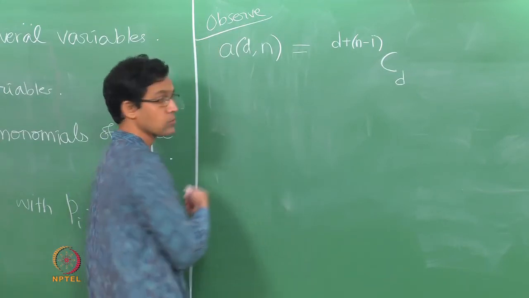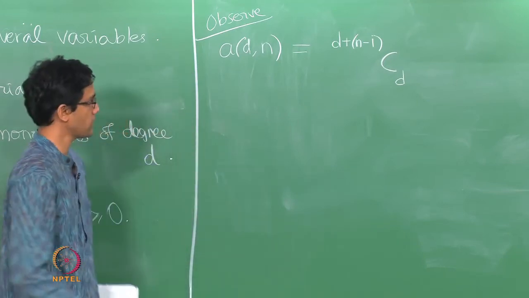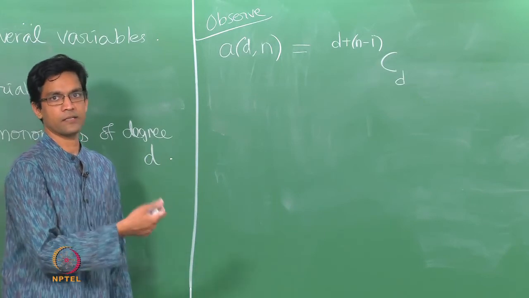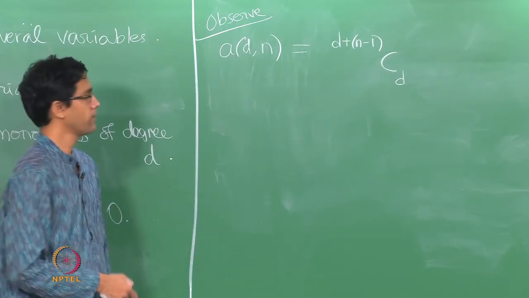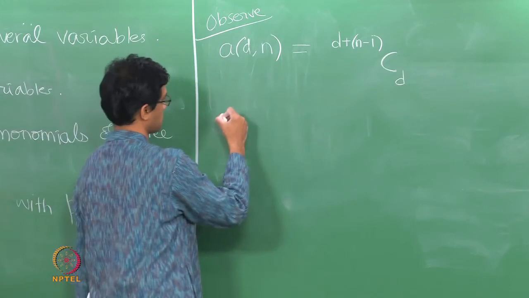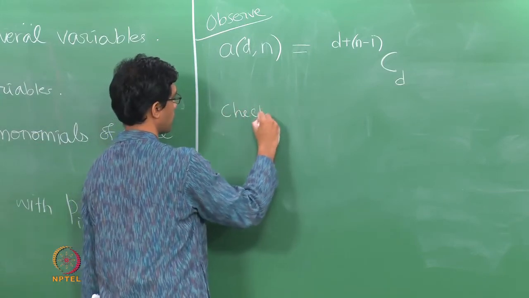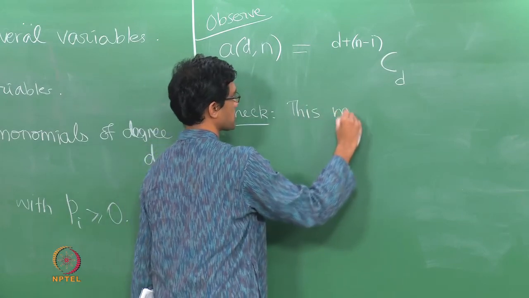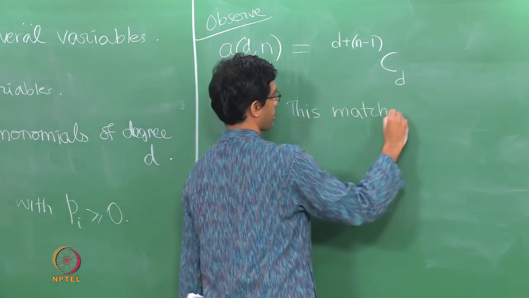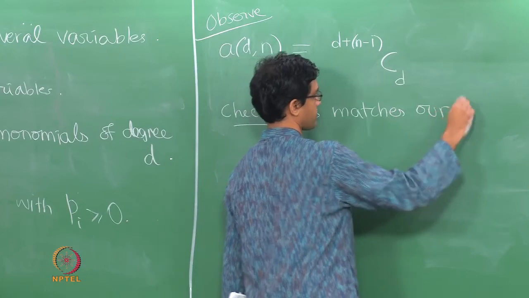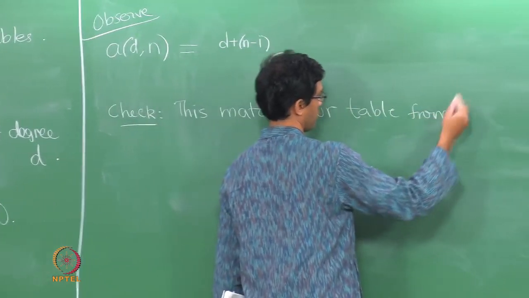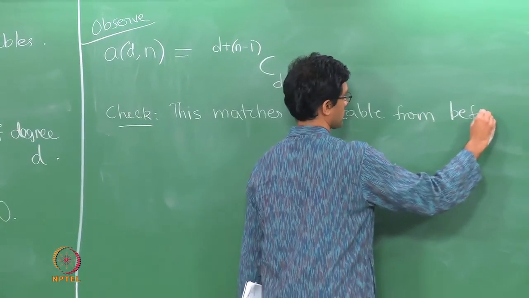So what I would like you to do is to go back to that lecture where we tabulated the values of a d n and where we obtained that nice recurrence relation, and check that this in fact does match. Here is a nice exercise: check that this matches the values in our table from one of the past lectures.